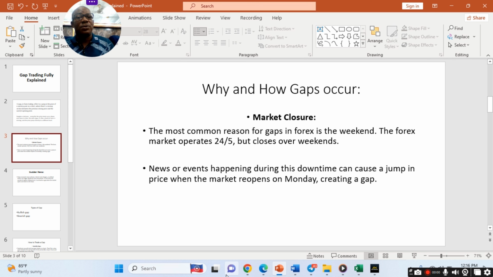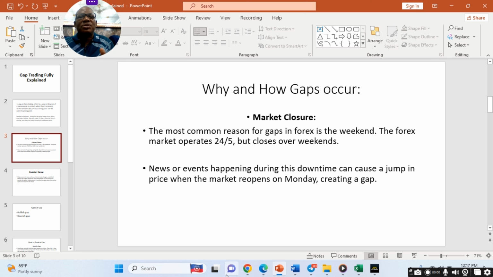The market is closed, but the activities that move it are still going on. So when the market resumes, it quickly responds to what happened over the weekend. That is why you notice a gap in the market, usually when there are such events. That is the major cause of gaps in the market.